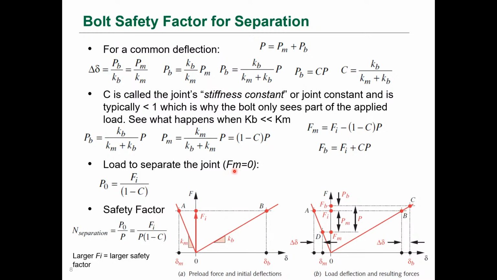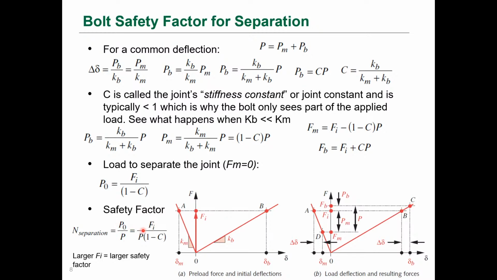We can see what happens by putting 0 in for the material load, and then solving for the P that would cause that material load to be 0, and that's the preload over 1 minus C. That allows us to define a safety factor for separation, in terms of the load required for it to separate over the applied load.